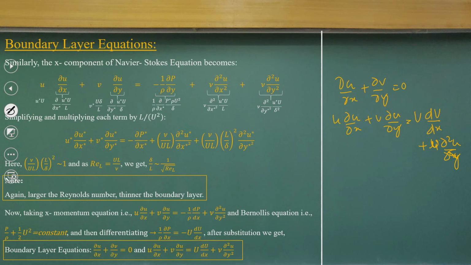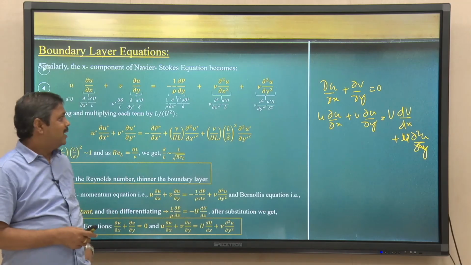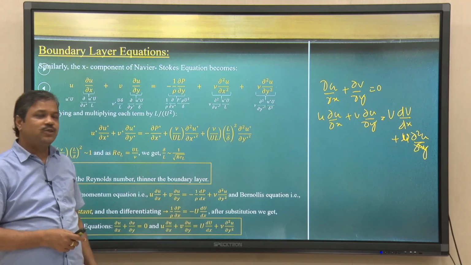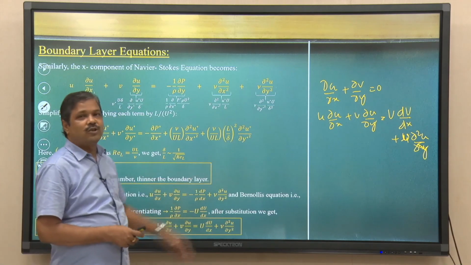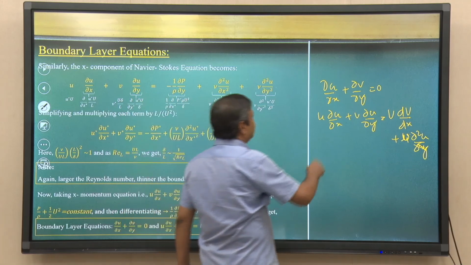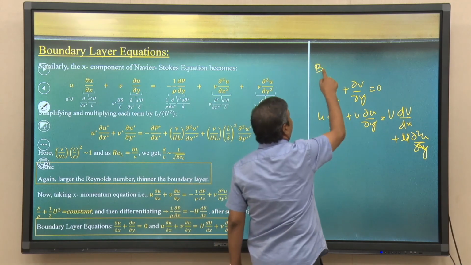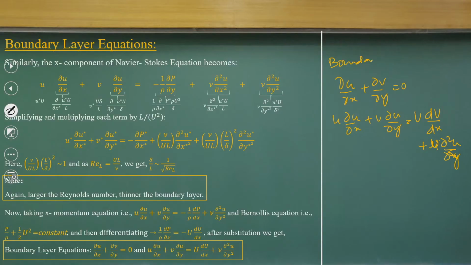So, instead of solving the Navier-Stokes equations, we are trying to solve the boundary layer equations. Today it is not very difficult to solve these boundary layer equations. A series of numerical techniques are available, and you can solve these equations.